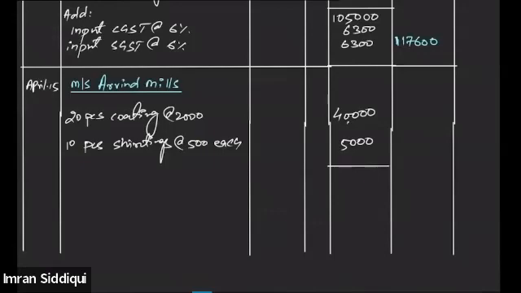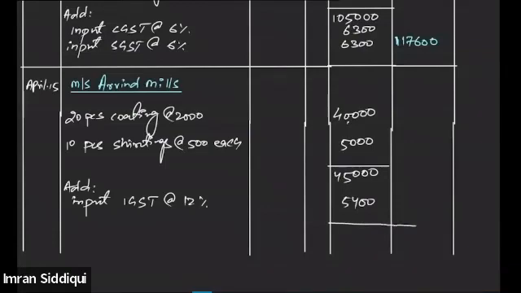Now totaling this, we will get 45,000. Upon this, IGST will be charged. So we will have to add input IGST at the rate of 12% per annum. 12% on 45,000 will be 5,400. Adding this, we will be getting 50,400.